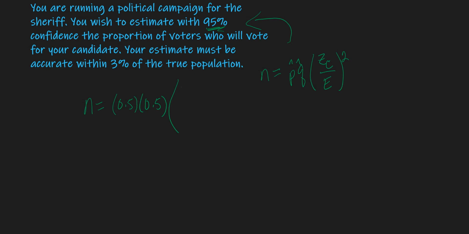Z critical value 1.96 divided by our error, and they actually give us that. It has to be accurate within that 3%, so that's 0.03. Square that. All right, we're going to go ahead and do that math.